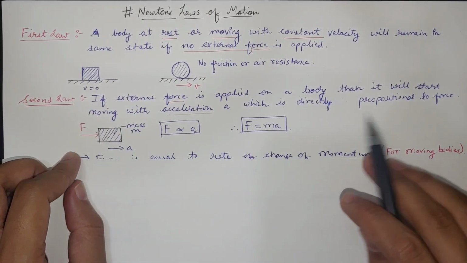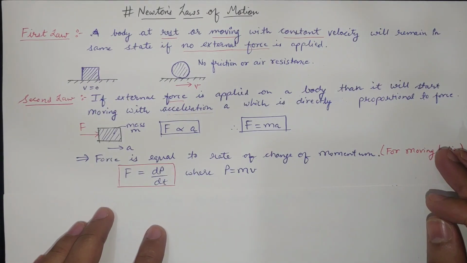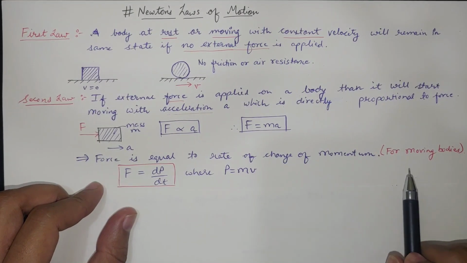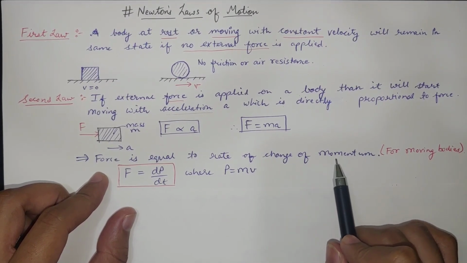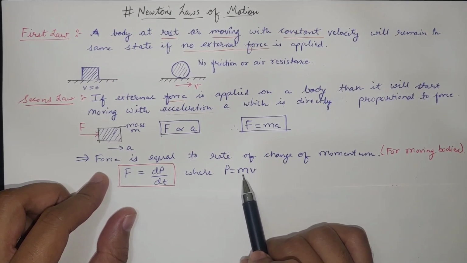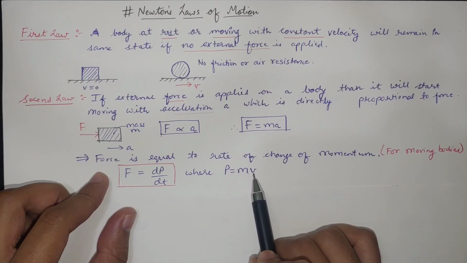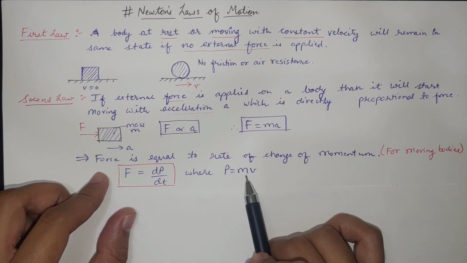So this is the second law of motion, and it can also be written for moving bodies. For moving bodies, force is equal to rate of change of momentum. Here momentum p is equal to m into v, where m is the mass of the body and v is the velocity of the body. So velocity will change, and in fact this entire momentum will change.